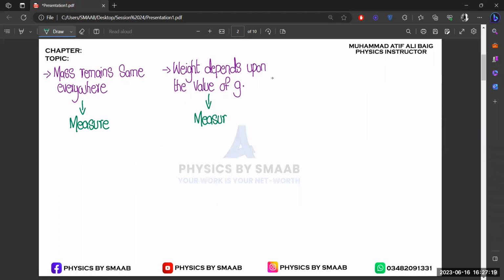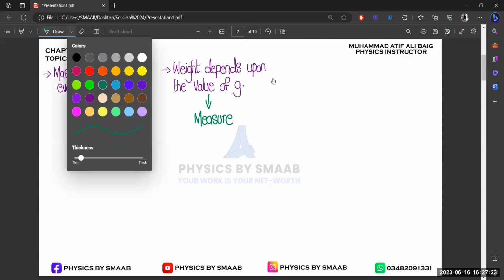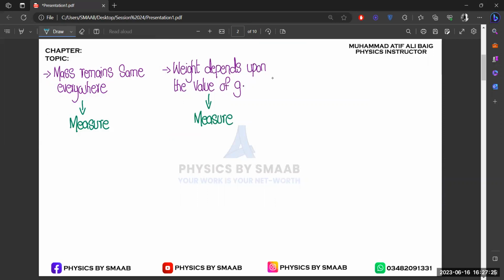What are the measuring instruments for mass and weight? Any idea? Normally we measure mass using a spring balance or beam balance.